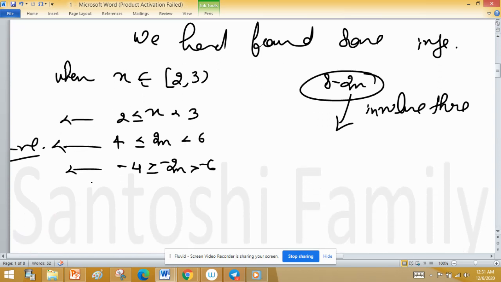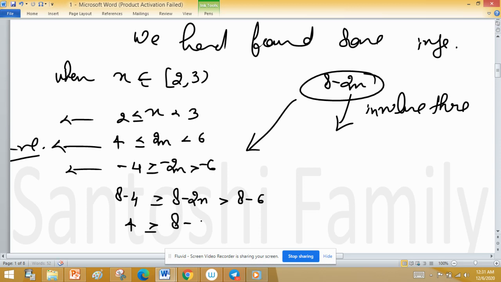Now add 8 as we want: 8 minus 4 greater than or equal to 8 minus 2x greater than 8 minus 6. It will be 4 greater than or equal to 8 minus 2x greater than 2.